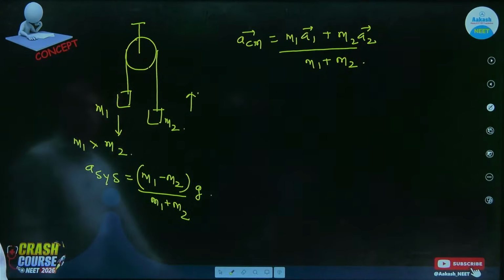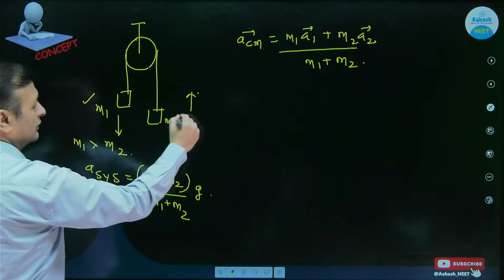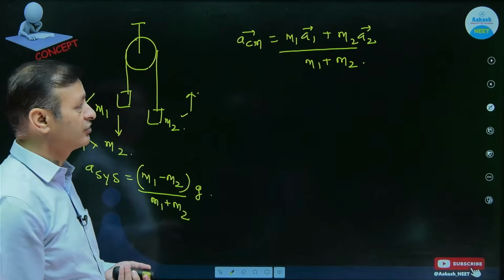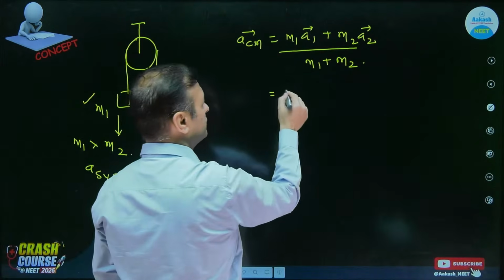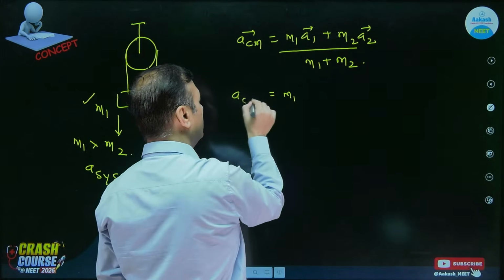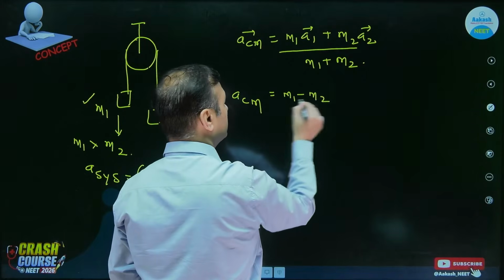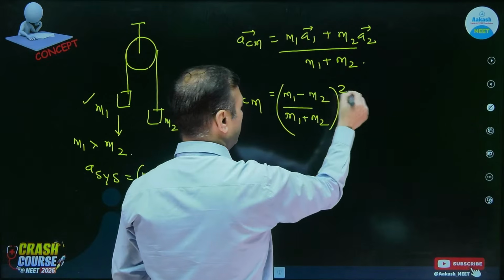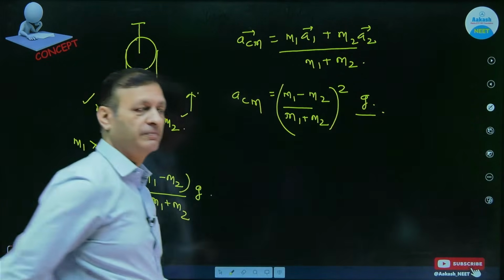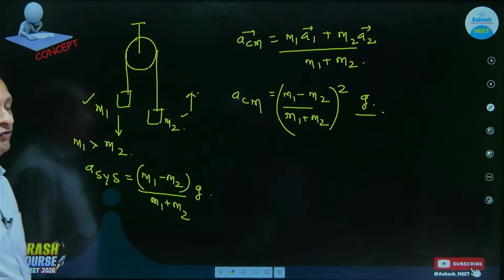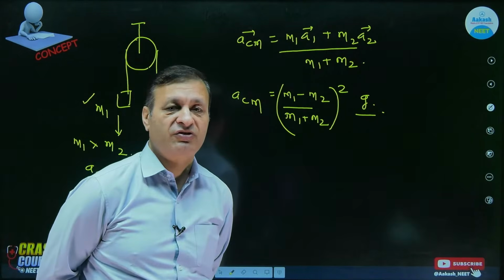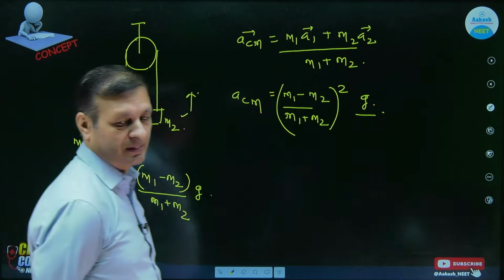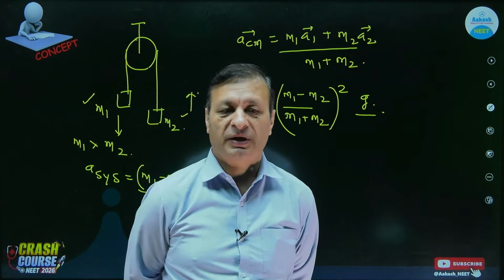We know if one particle is coming down, the other is going up, so they are opposite in direction, and when you put the values, the acceleration of center of mass will be m1 minus m2 by m1 plus m2 whole square into g. This is the formula for the acceleration of the center of mass of this system. Now any doubt from this part?